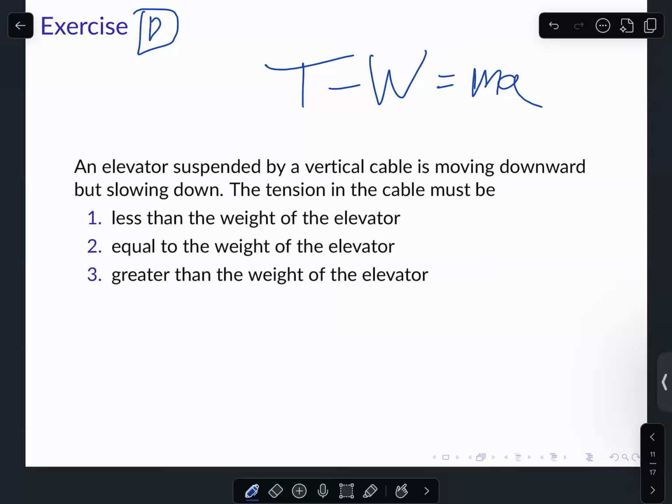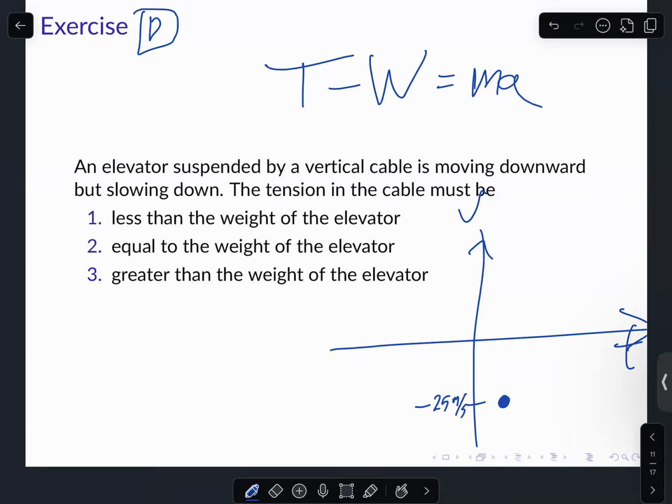A lot of wrong answers here. Better, but still not what I want it to be.